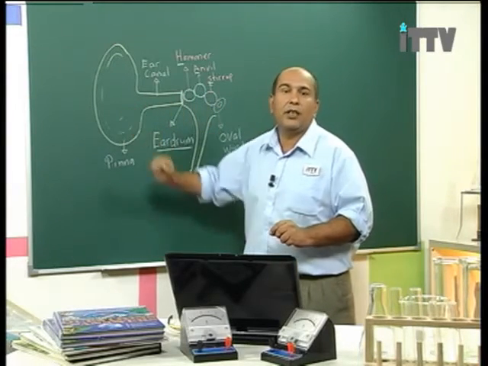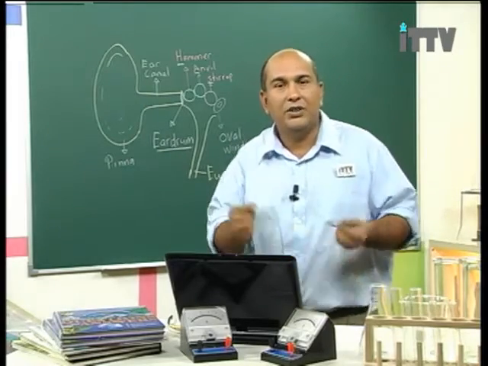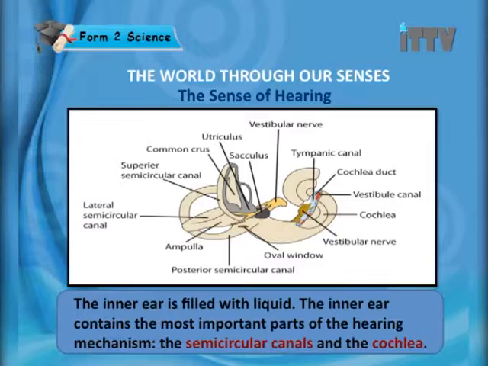Now let's look at the last part of our ear, which is called the inner ear. The inner ear is filled with liquid. The inner ear contains the most important parts of the hearing mechanism: the semicircular canals and the cochlea.